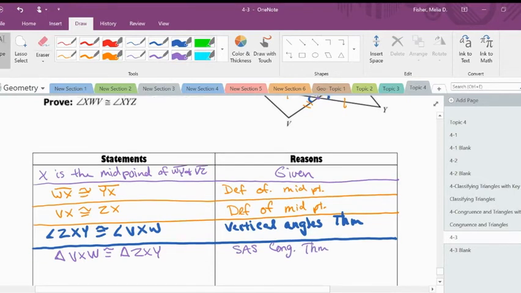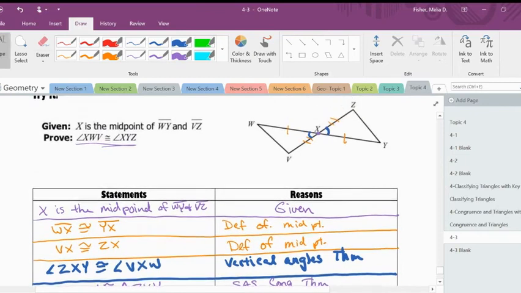But that is not what they were asking for. They wanted us to prove angles were congruent. So we're not quite done, but we did prove that the triangles were congruent. So now we can look at angle XWV and angle XYZ. That's this one here.